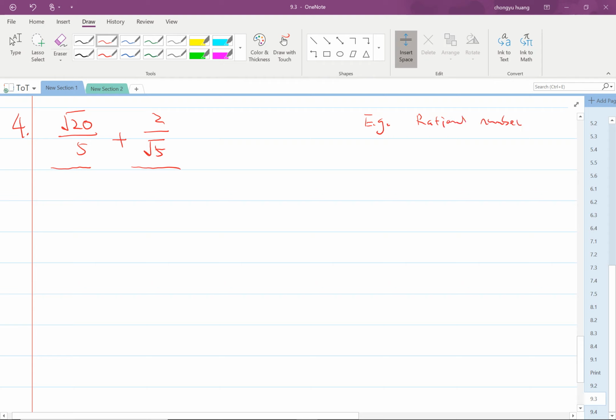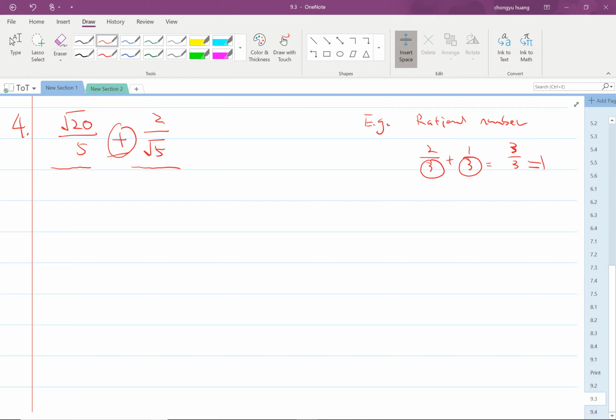If you want to add rational numbers, suppose we have something like 3 over 2 and then 3 over 1. So what we get is 3 over 3 is equal to 1, right?